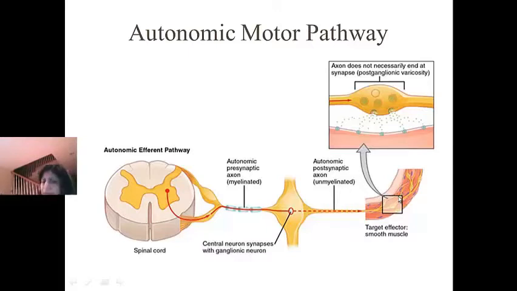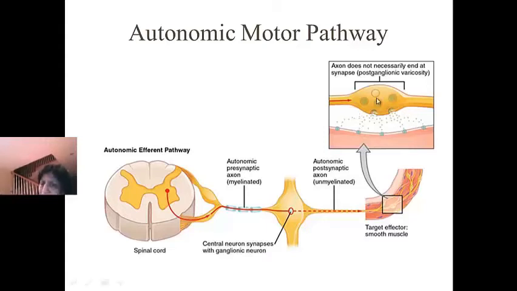The effector here is going to be an involuntary structure such as smooth muscle, glands, or adipose tissue. The synapse here is expanded. It looks different from the chemical synapse we saw with the skeletal muscle.